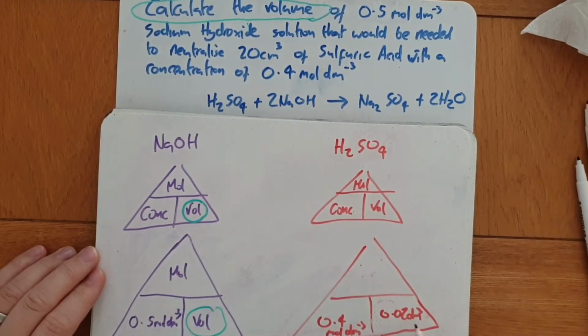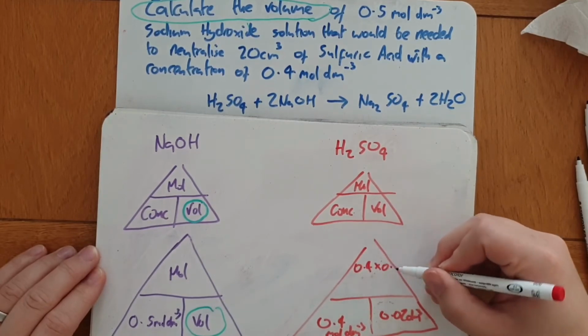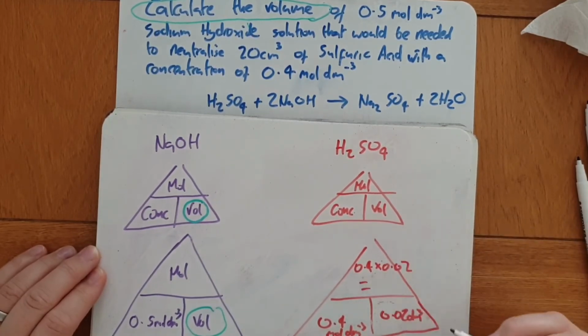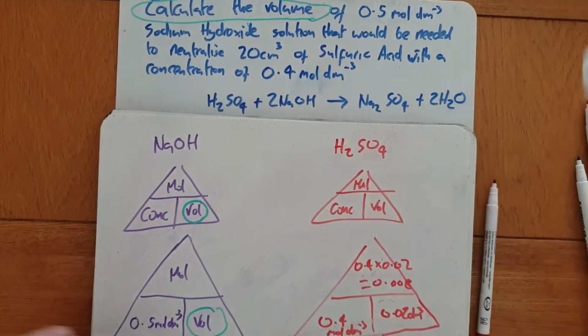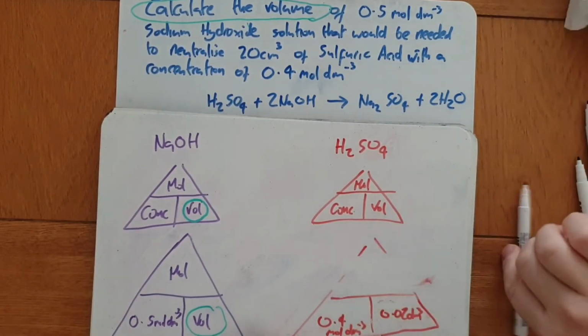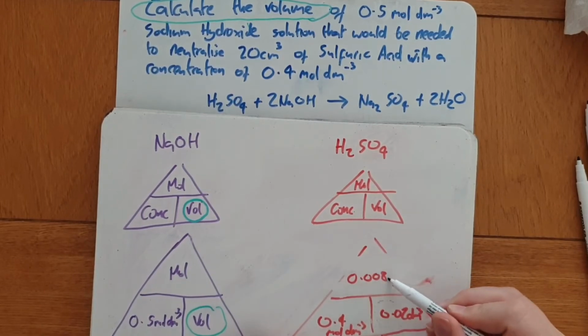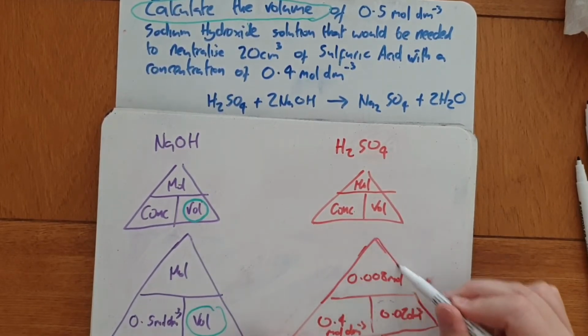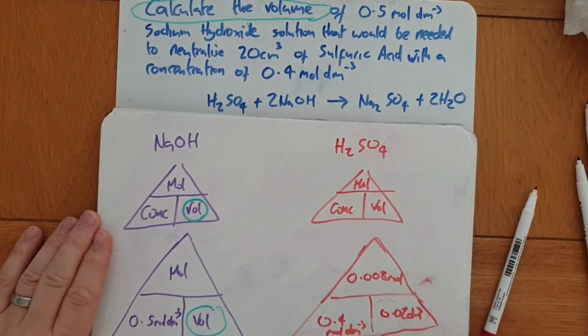So 0.4 times 0.02 equals 0.008. Obviously you put that through your calculator. So 0.008 moles. So now we know how many moles of H2SO4 we've got.